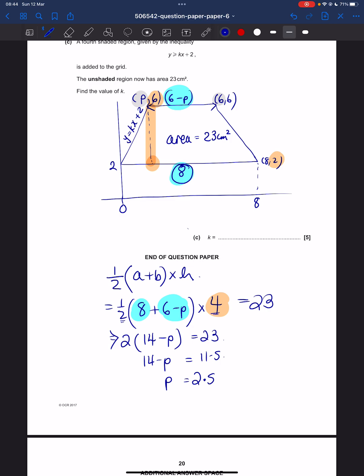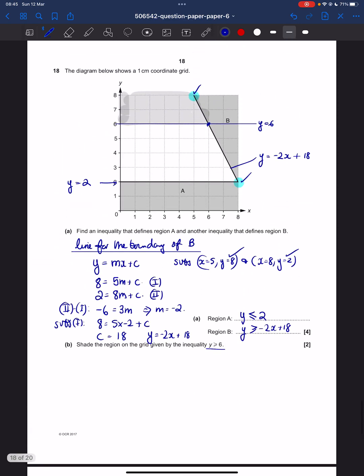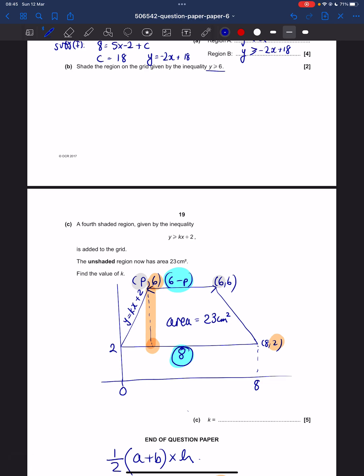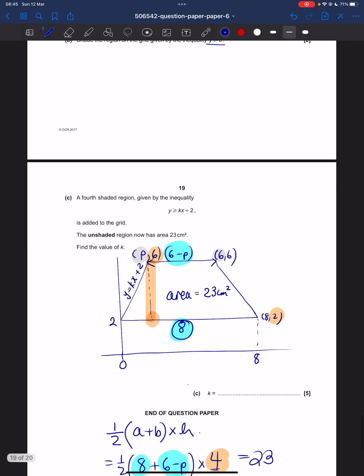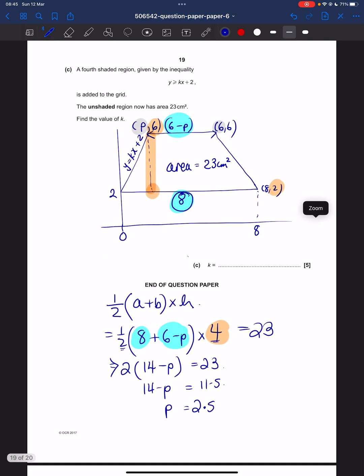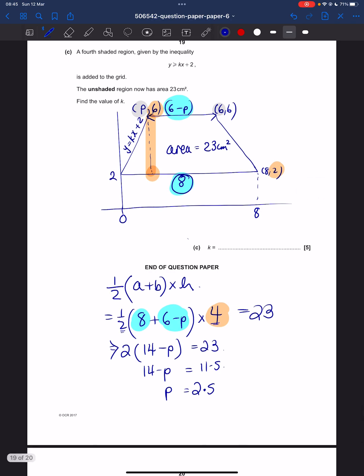Oh look, oh no, it is 6. Oh annoying. Ah, yeah, P is 2.5.